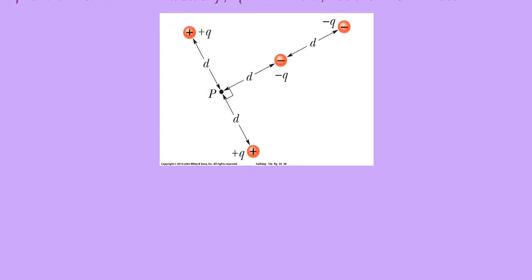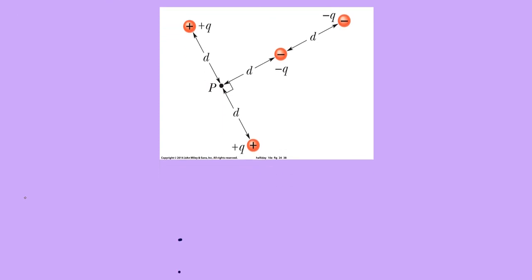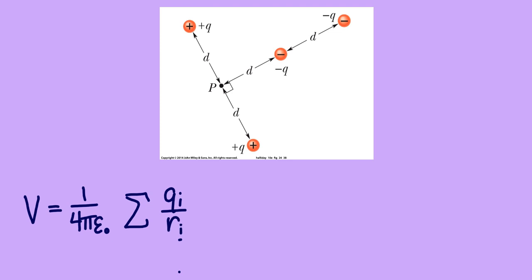So we always want to start with a general expression that we find on our equation sheet, which says that V is equal to 1 over 4 pi epsilon naught, which again is the same thing as K, times that summation of Qi over Ri.